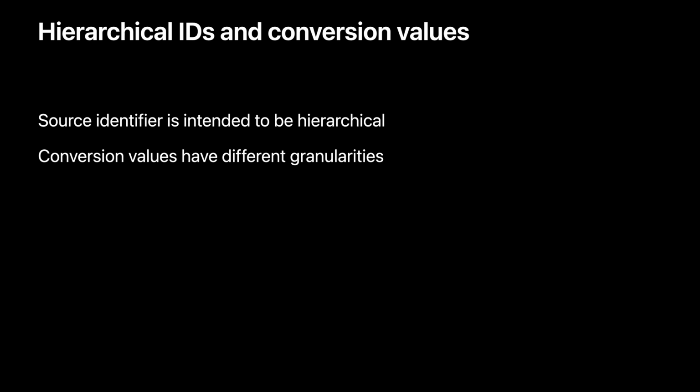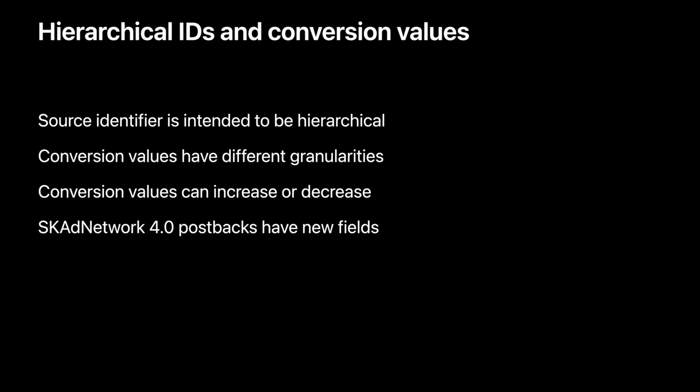Consider this when ascribing meaning to their values. Conversion values can increase or decrease. And finally, when making changes to your server to process SKAdNetwork 4.0 postbacks, make them capable of parsing the new source identifiers and coarse conversion values.